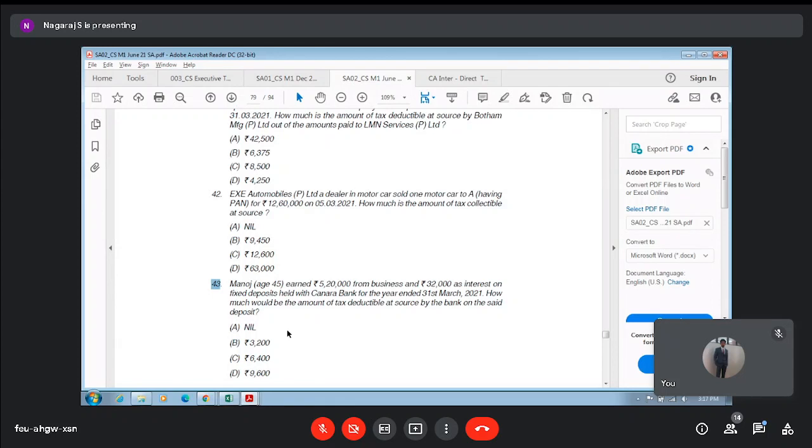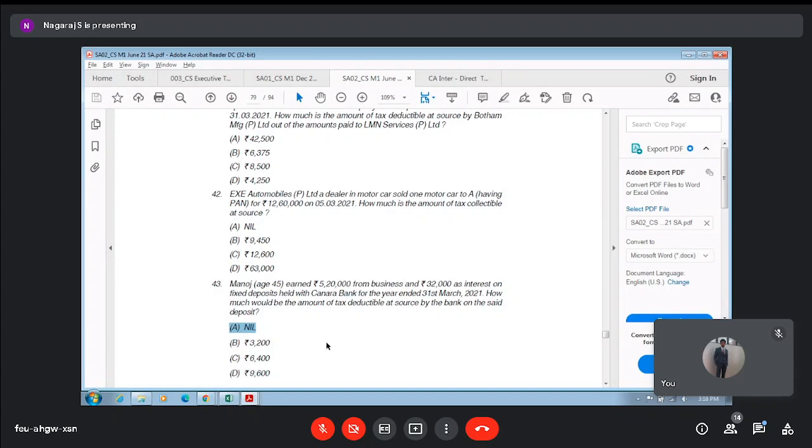I haven't done this one because I told these are all very easy. If the interest is more than this amount, then only the bank will deduct the TDS. What is that amount? 40,000. No, no, no. That 40,000 and all, I think it is 80 TTA, TTB, 10,000 and this one. Just see the threshold limit in that. If it is within the threshold limit, then answer is nil. If it is above the threshold limit, then bank needs to make TDS.